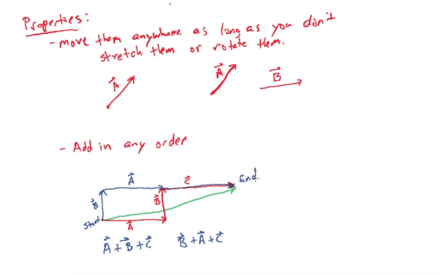So if I had walked that, I'd get to the same end place, which means that these two things are equivalent. They are equal to each other. A plus B plus C equals B plus A plus C. You can add them in any order, and if you try it, you could see that you could do C plus B plus A, and the order just isn't going to matter. So you can do that all you want.